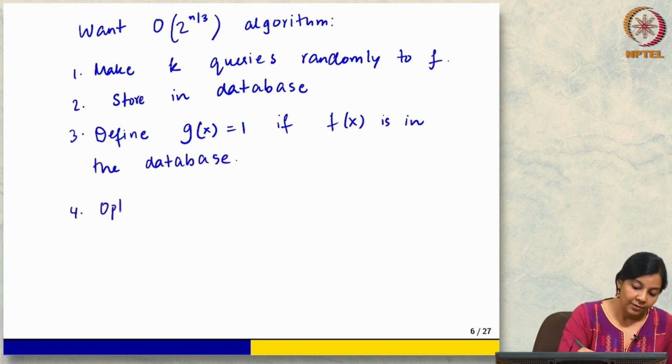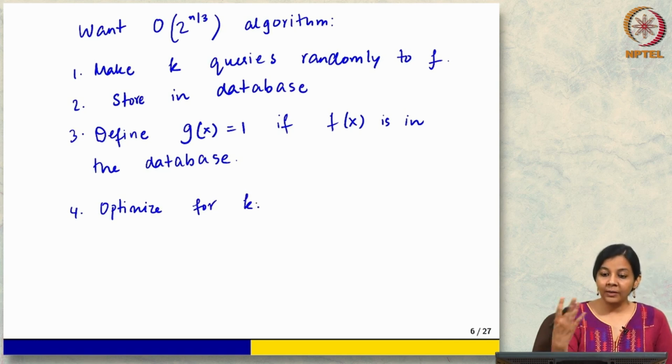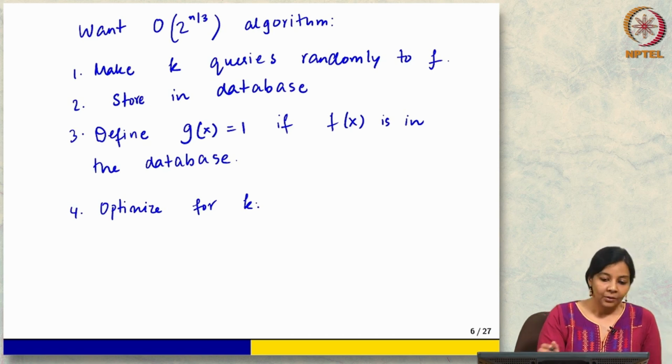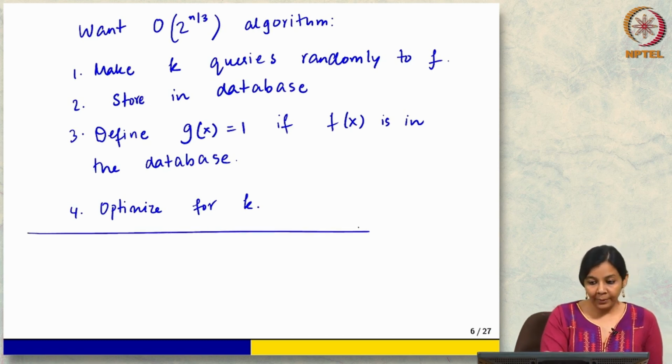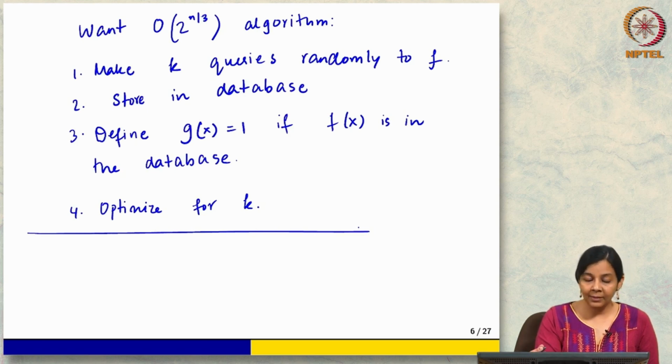Okay, and then optimize for k. So by using this approach, basically extra randomization, right? So I make a bunch of random queries and store the results, okay, and then I use that in speeding up my algorithm. When I optimize for k, I get 2 to the n over 3. Okay, so this is something which I won't spend more time on in class, but you can study this later.